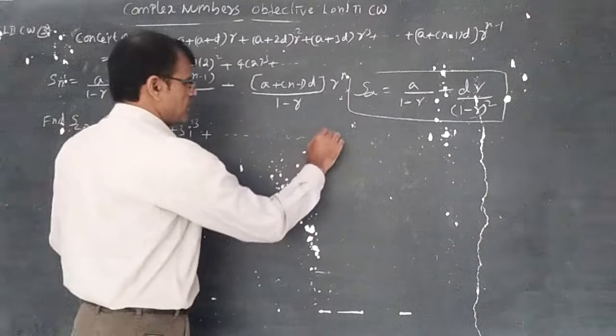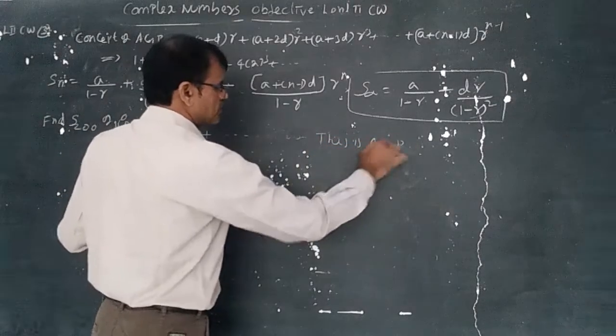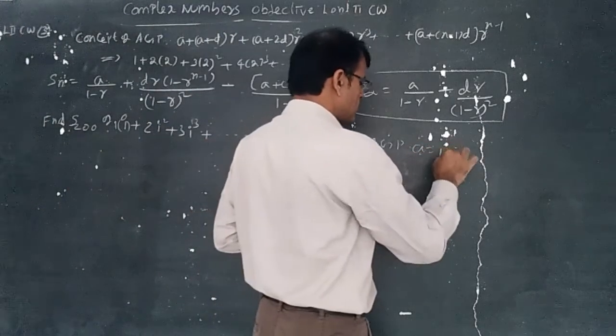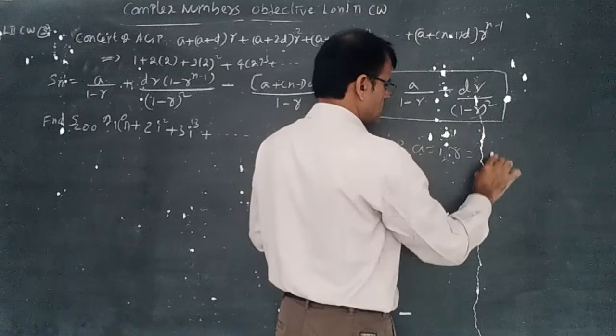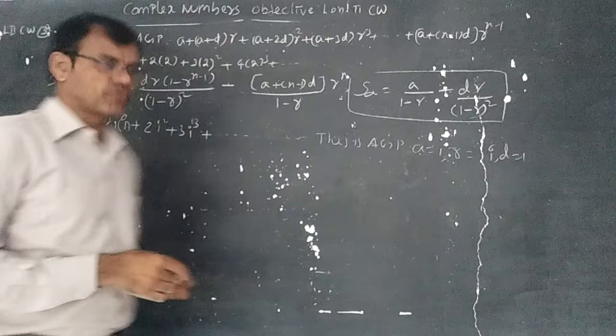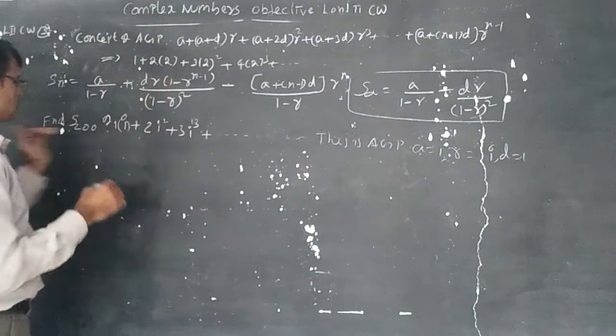This is AGP. So here a is equal to 1, r is equal to i, and of course d is equal to 1, since the difference between 1, 2, 3 is always 1. Apply the formula I said for n terms.